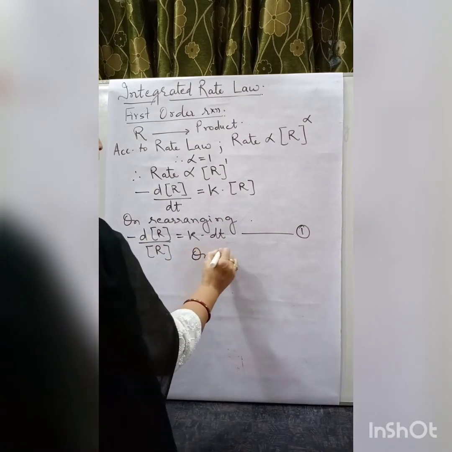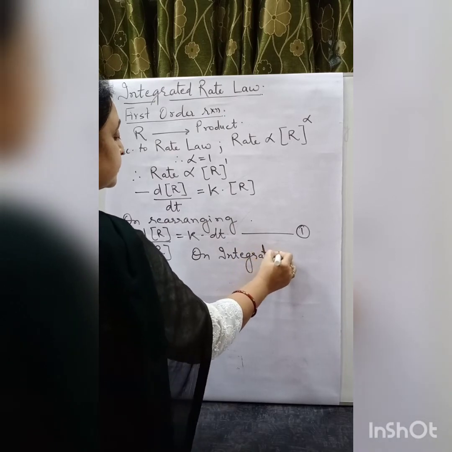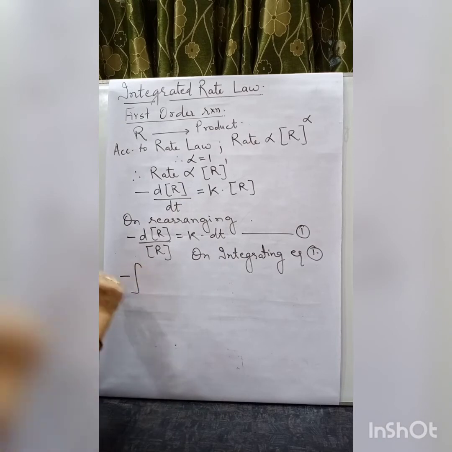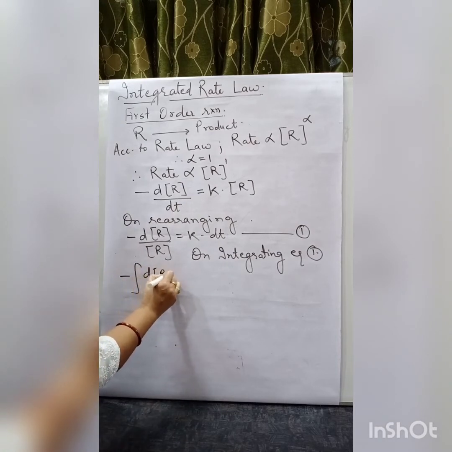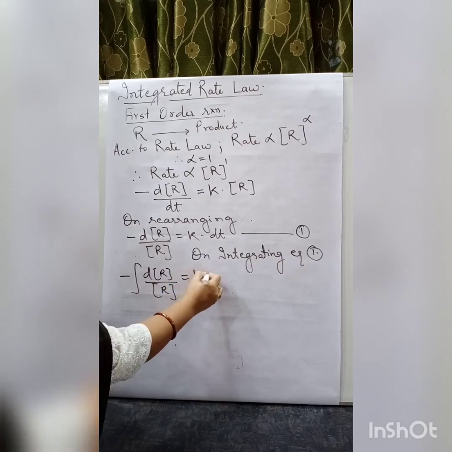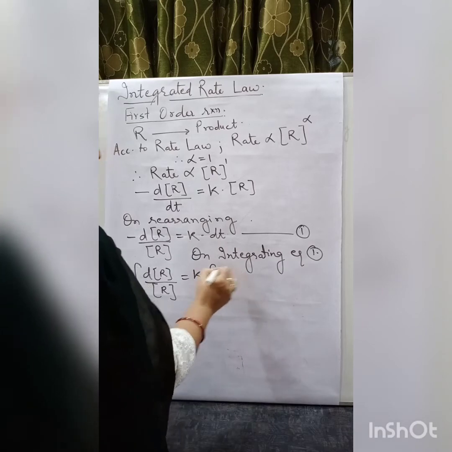On integrating equation 1, so integrate this equation, minus dR upon R is equal to k, which is a constant, so you have to take it outside, dt.